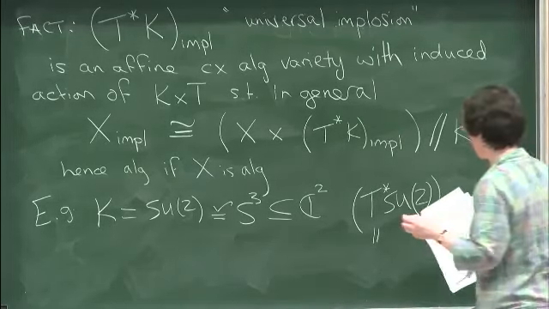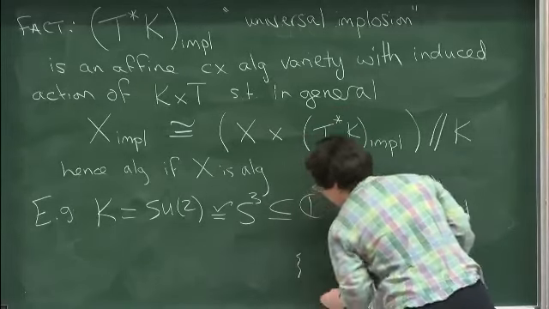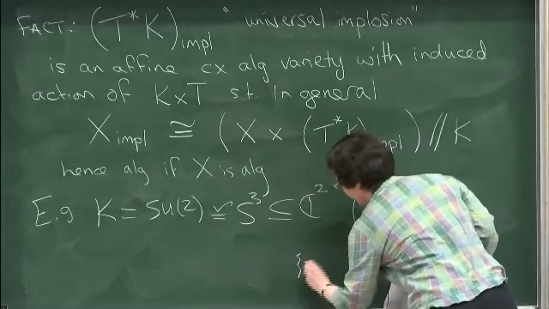And in this case, mu inverse of 0 over SU2 is just a point.